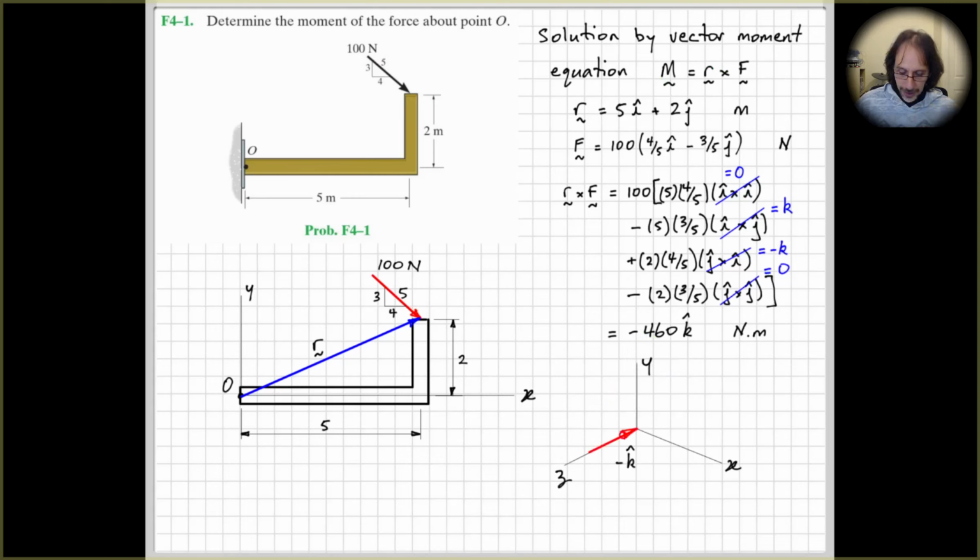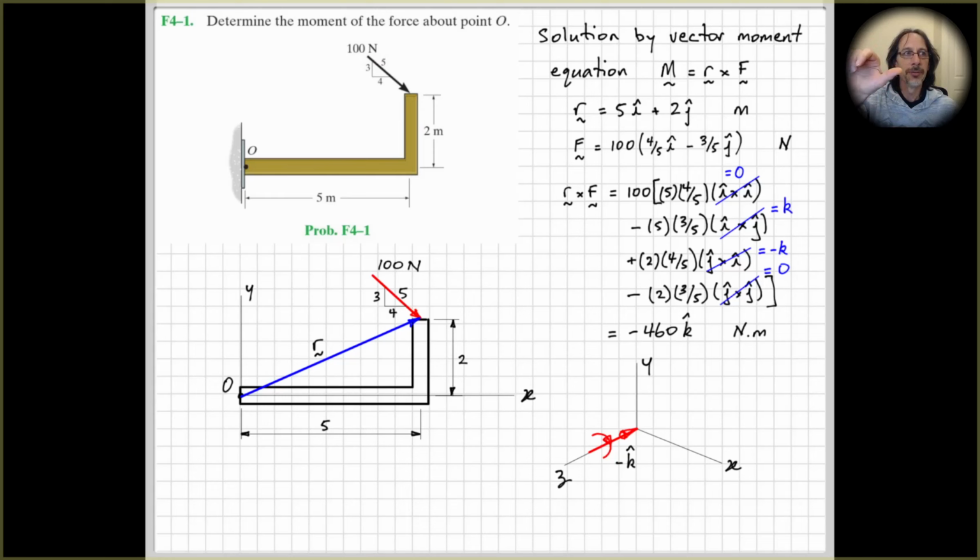So what this k indicates is that the moment that we've calculated is a vector, and its direction is along the z-axis and in the minus direction on the z-axis. So if we remember our right-hand rule, if we rotate our fingers around in the direction the moment's going, whether it be clockwise or anti-clockwise, that will tell us the direction of the moment.